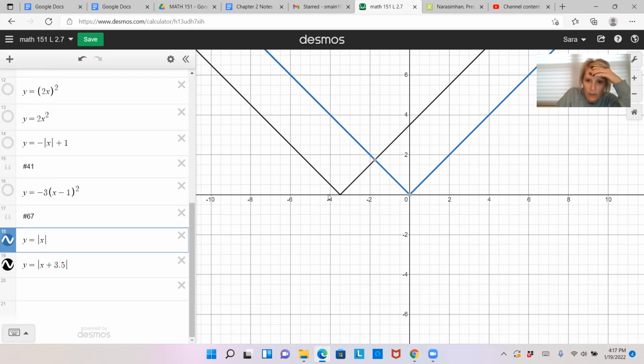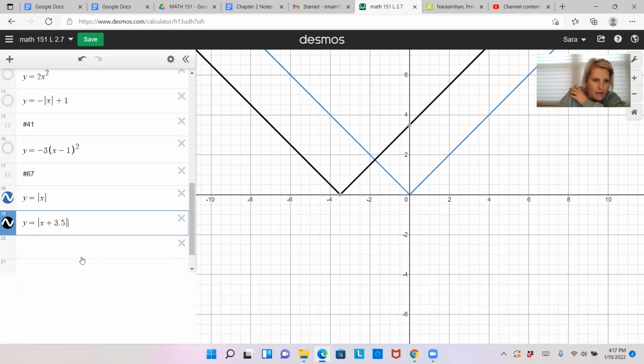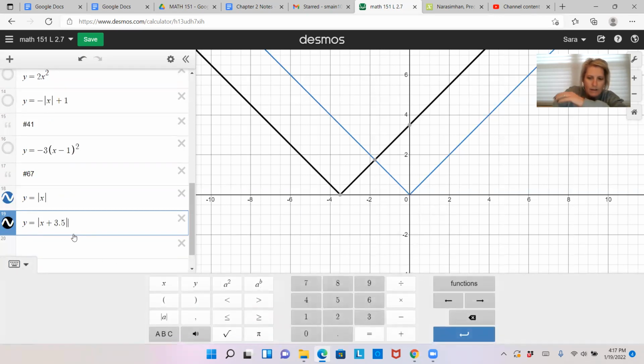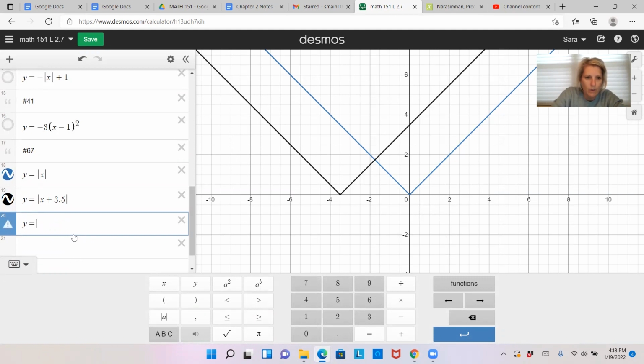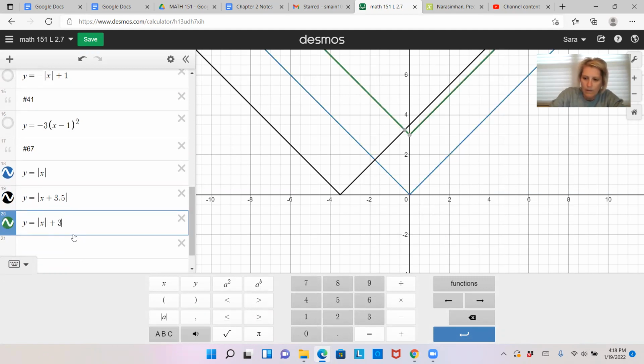Remember, inside the function, it's going to shift it left. So that first one is a left 3.5. And then the other one is 3.5 up. So it's a shift up 3.5 from the base.